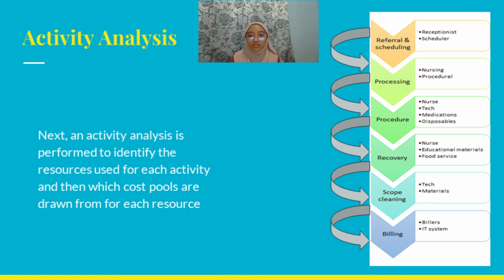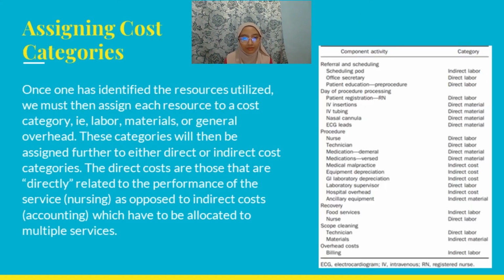Processing resources are nursing and procedural. Procedure resources are nurse, tech, medications, and disposables. Recovery resources are nurse, educational material, and food service. Scope cleaning resources are tech and materials. And lastly, billing resources are billers and IT system.